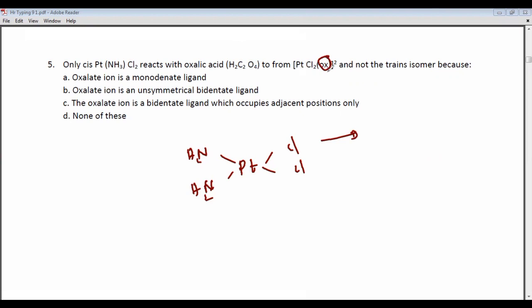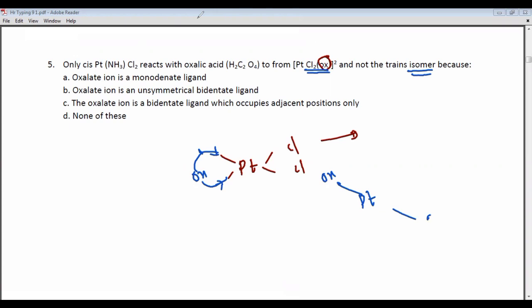They mention that this is only in the case of cis and not in trans. That's the right point, because a bidentate ligand can form a coordinate bond only if they are in a relative 90-degree position, which means the cis position. Okay, they can't form a coordinate bond if they are in a trans position.